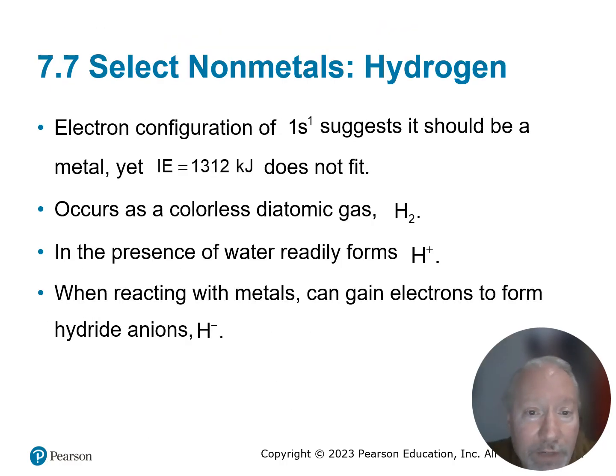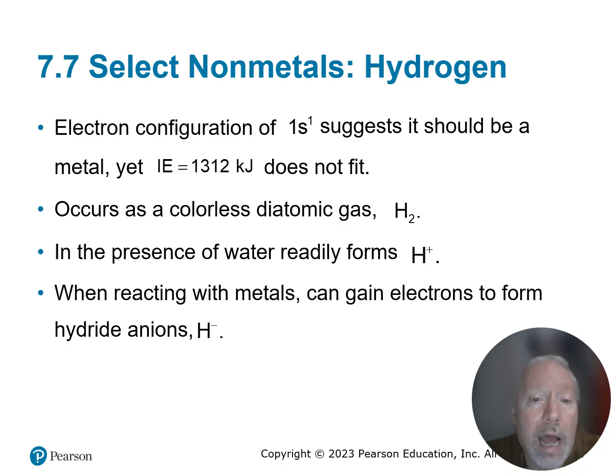So electron configuration, thinking about hydrogen. Hydrogen is so cool. We can make hydrogen gas. We did in labs this semester, and hydrogen is much less dense than air. The density is way lower for hydrogen gas than air, and lower than oxygen, in fact. And in the presence of water, we can make H+, which is an acid, which is important in acid-base chemistry, which biochemistry uses extensively for us to live and survive.